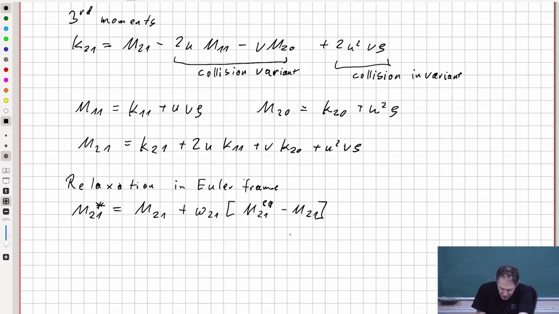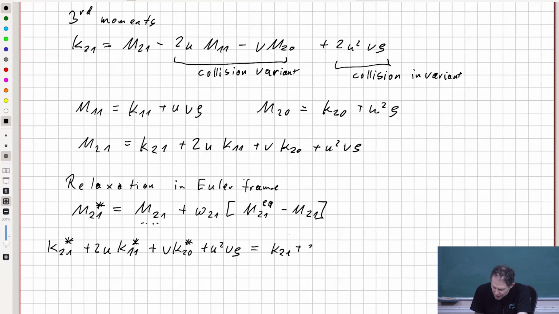Now we replace everything by central moments. So the left-hand side, K21 after collision, is then 2U K11, and because the entire thing is after collision, this is also after collision, right? Plus V K20, this is also after collision, plus U square V rho is equal to, now comes the part before collision: K21 plus 2U K11 before collision.